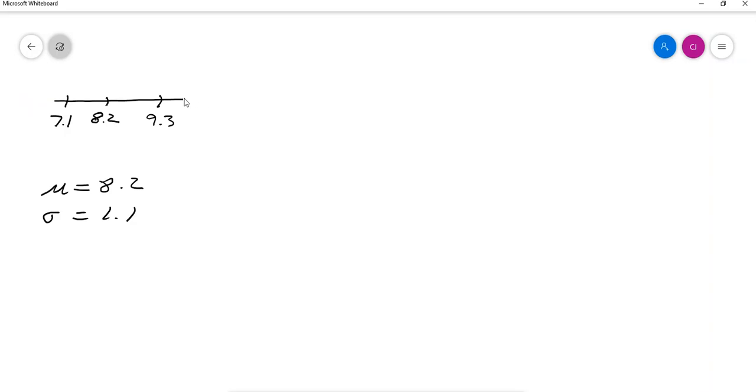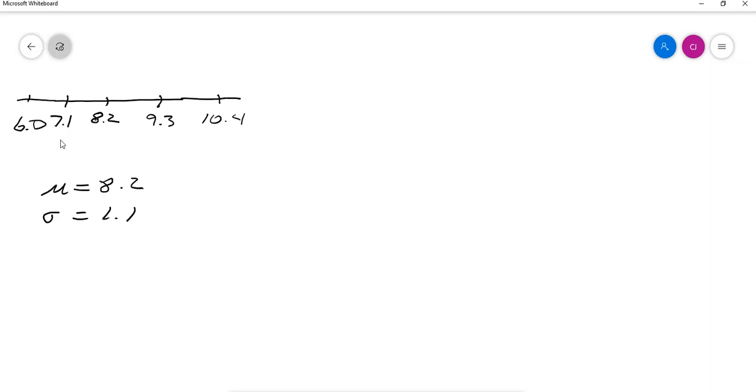And then again, if we go one more this way and add 1.1 again, we get 10.4. We subtract off 1.1 and we get 6.0.